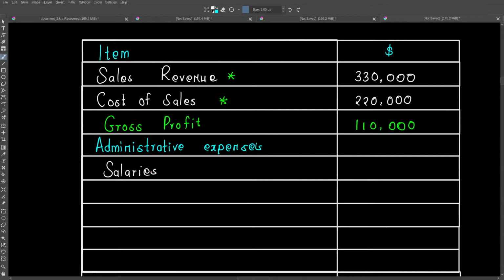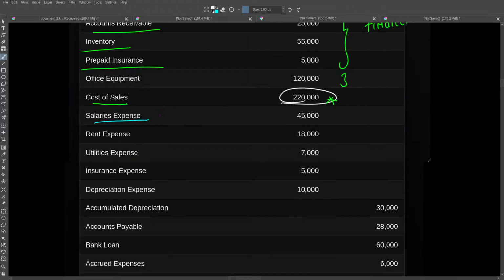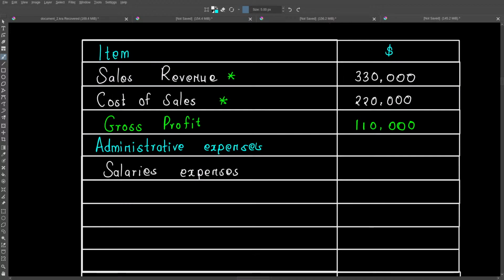But if it is not directly stated, then you're just going to treat the salaries expense as administrative or operating expenses, okay? So here we have salaries of 45,000. Remember, for this one, always indicate less here. Even at the cost of sales, you indicate with the bracket to show we are lessing, okay? So for salaries, we are lessing 45,000, okay?